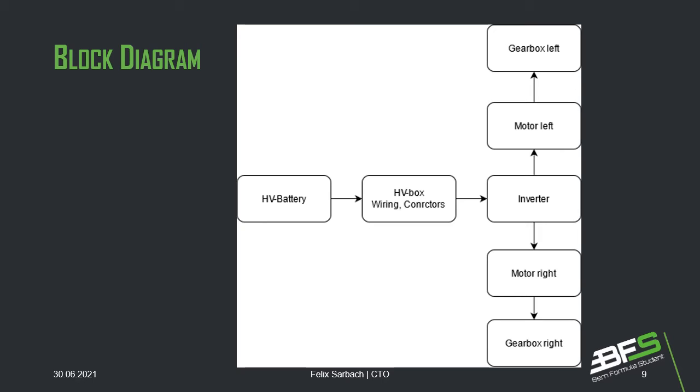The motors are positioned in the wheel hubs, so there is no differential except for our electronic differential that we use. This block diagram is the basis for the efficiency calculations that we will be going through, starting with the high voltage battery.